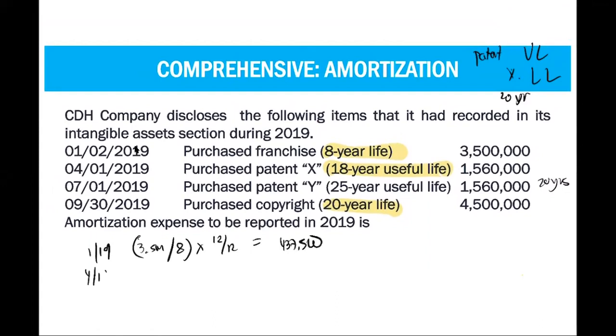We have April 1, 2019, so the value is 1,560,000. You divide it by the useful life, that is 18. And the period, April 1 until December 31, 2019, is 9 over 12. So 1,560,000 divided by 18 times 9 over 12, we have 65,000.